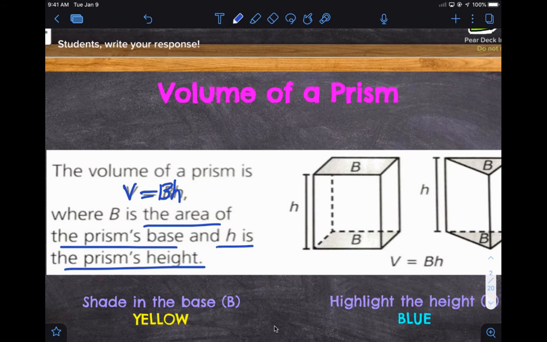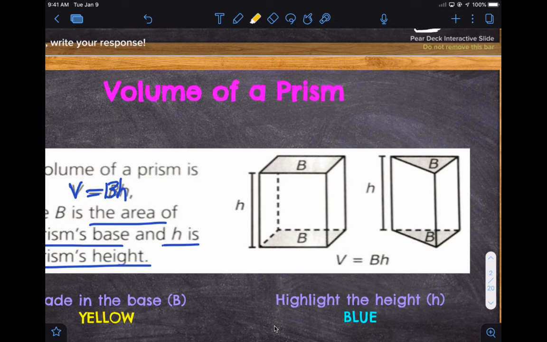The base could be a rectangle or a triangle. Once we figure out the area of the base, we multiply it times the height of the prism. This formula is in your reference materials.